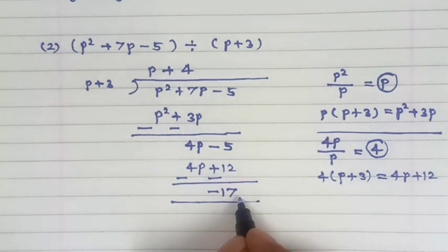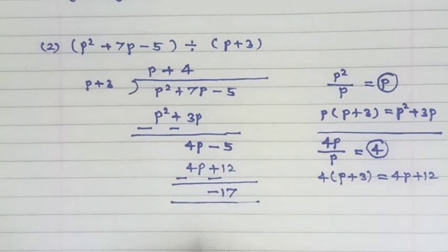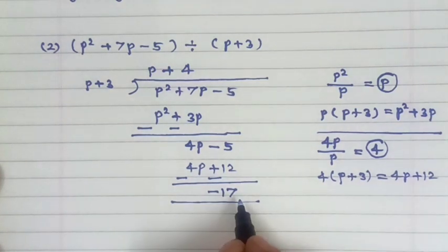Here the order of this term is 0. It's a constant term, so you have to stop. You cannot proceed further because here the degree of the remainder is less than the degree of the divisor. So when the degree of the remainder is less than the degree of the divisor, then you have to stop.